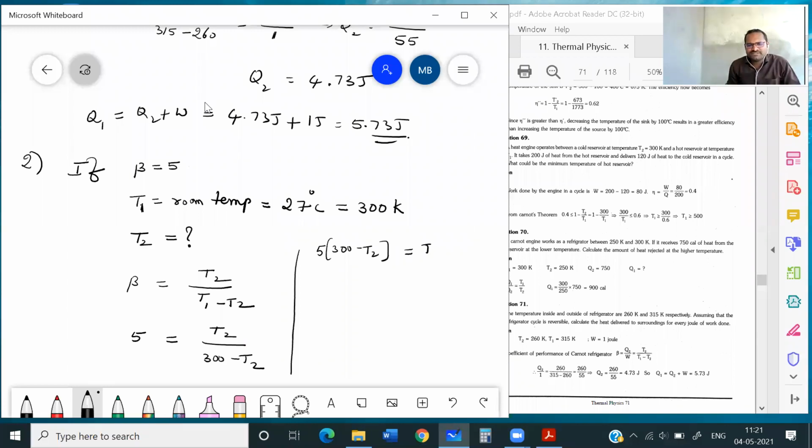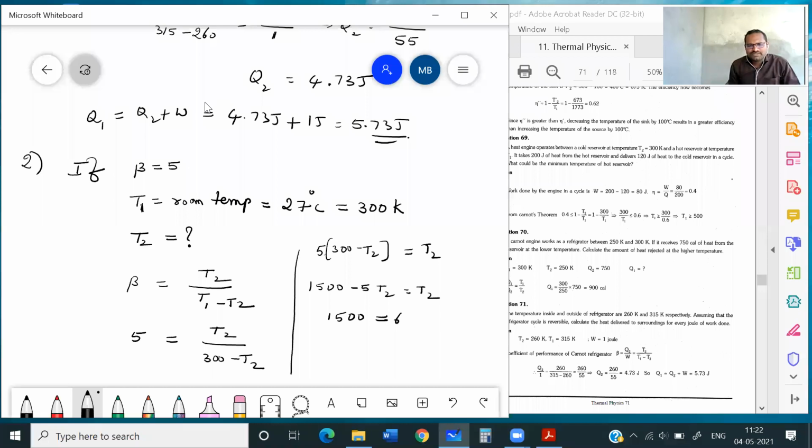5 into 300 is 1500. So 1500 minus 5 T2 is equal to T2. 1500 is equal to 5 T2 going to that side, it will become plus 5 T2, so it will become 6 T2.